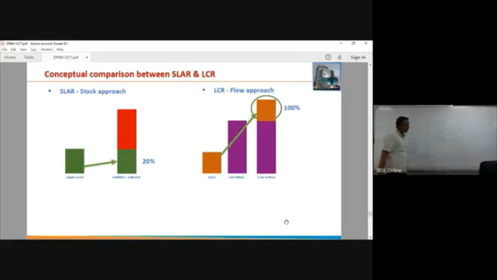Similarly, you need to check your outflows. So what are the major outflows for the bank? Loan disbursements, deposit withdrawals, and investments.